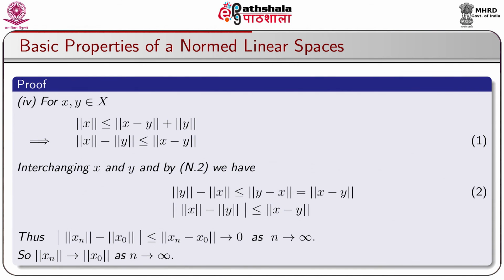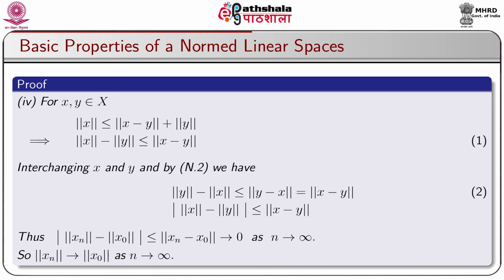Interchanging the roles of x and y, by norm axiom 2, we have norm of y minus norm of x less than or equal to norm of y minus x, which is equal to norm of x minus y. So, combining this, modulus of norm of x minus norm of y is less than or equal to norm of x minus y.